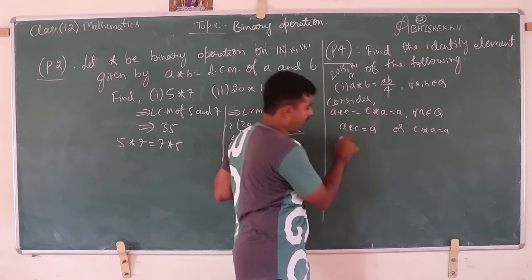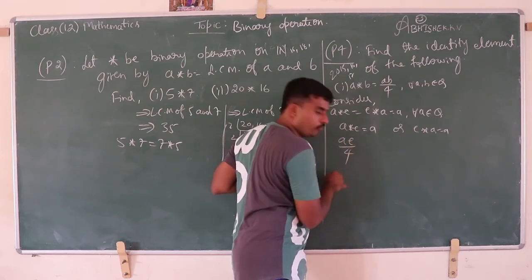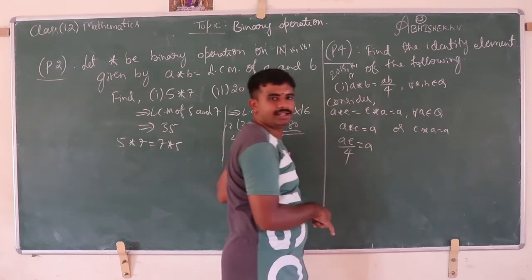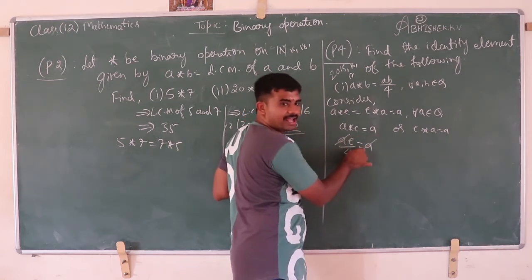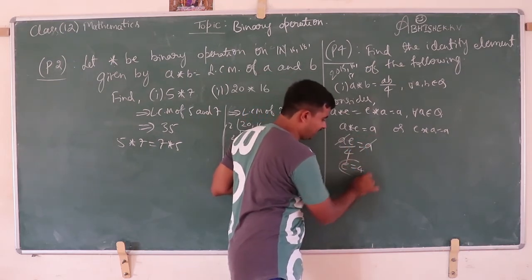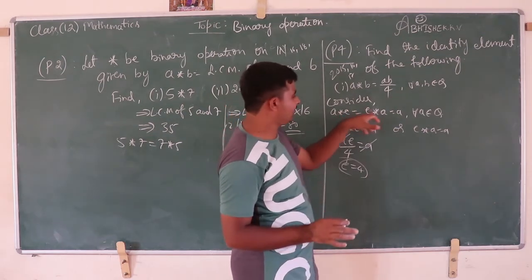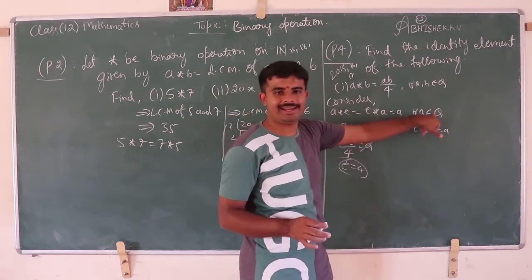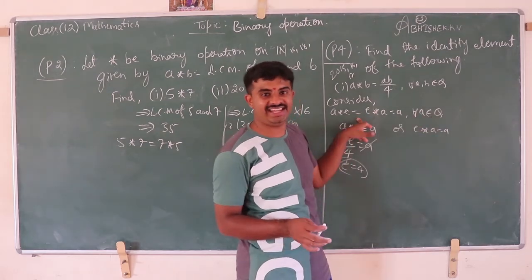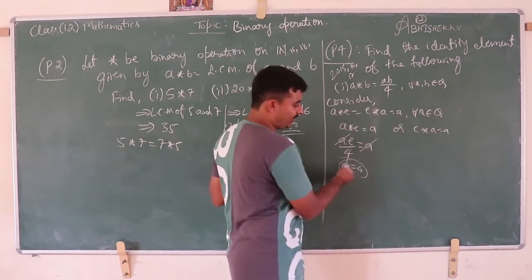What is a star e? It is ae by 4. This is equal to a, so a will cancel. What is e? Identity element is equal to 4. Is it clear? a star e is equal to e star a is equal to a for all a belonging to the set of rational numbers. Therefore, e is equal to 4.